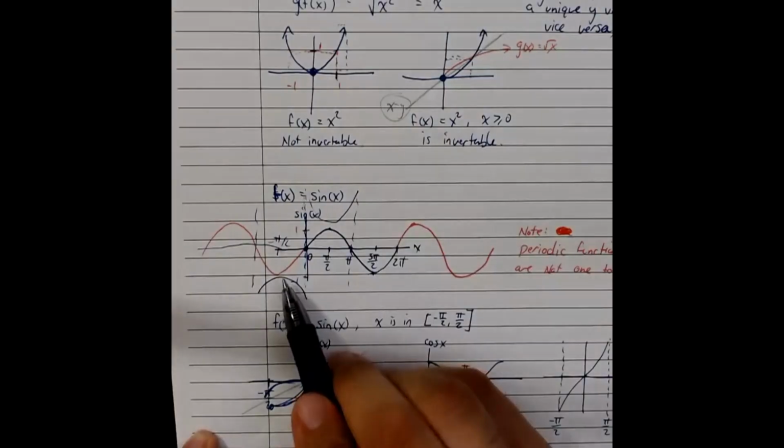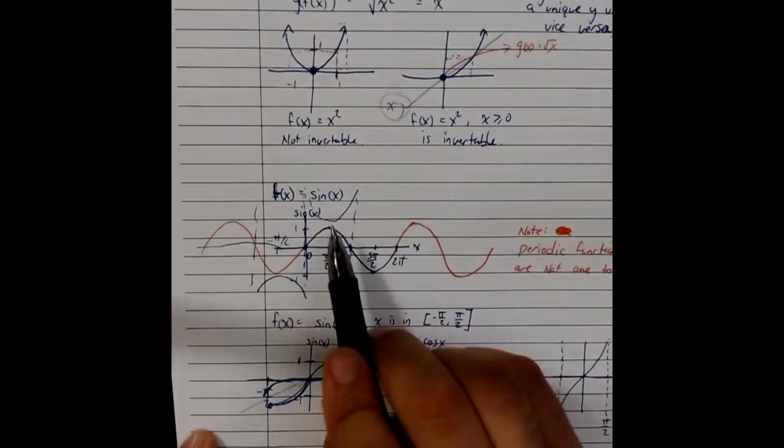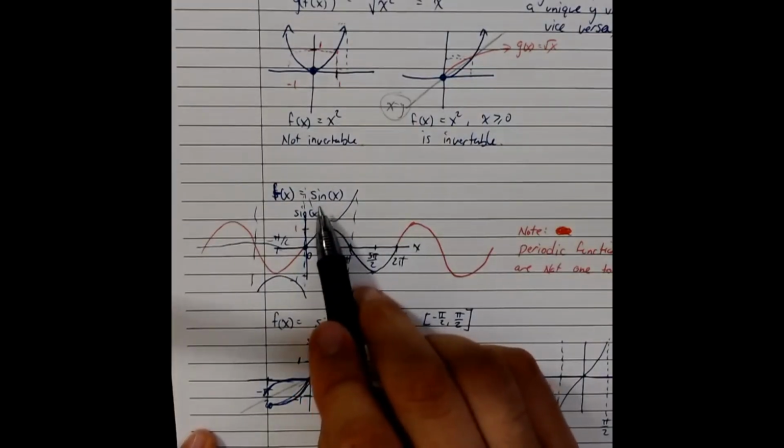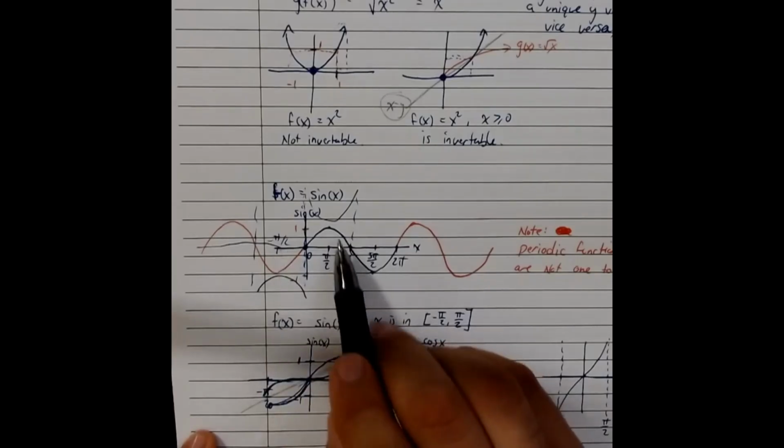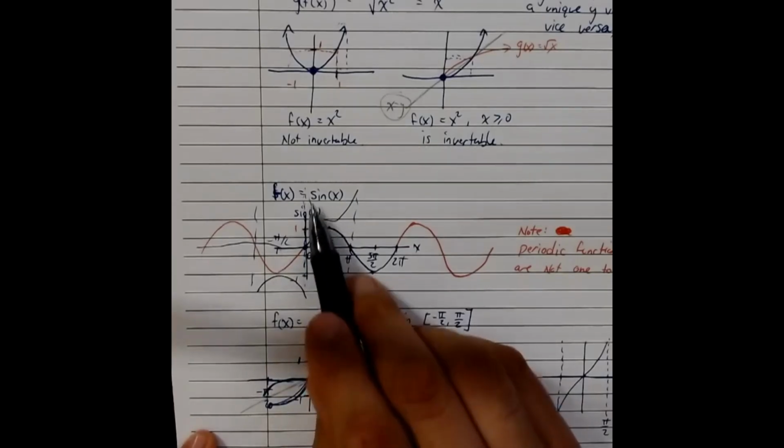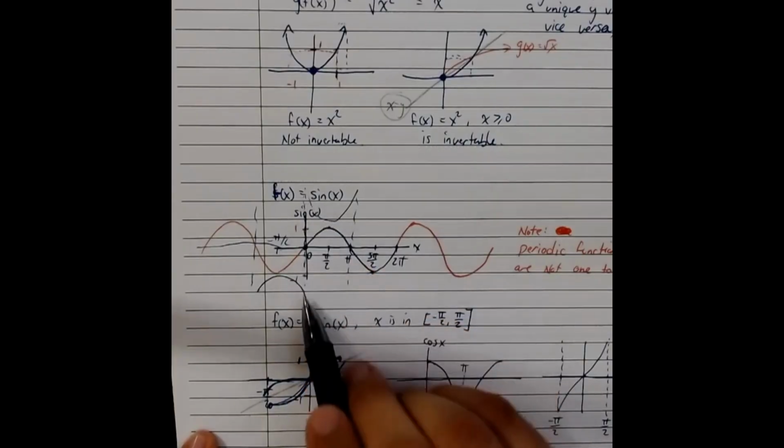So if you're defining the cosecant's inverse, you want to still keep this portion from negative pi over 2 to positive pi over 2, but remember, at 0, it's undefined.